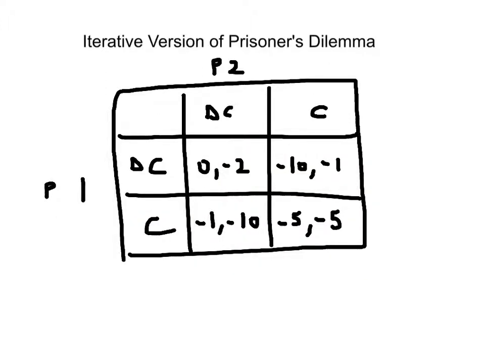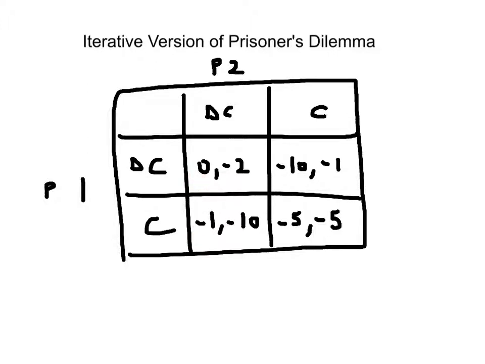Now, in this version of the prisoner's dilemma, there is no way for player 1 to immediately remove a strictly dominated strategy. The reason is that the outcome of not confessing here, 0, is actually better than -1, right?